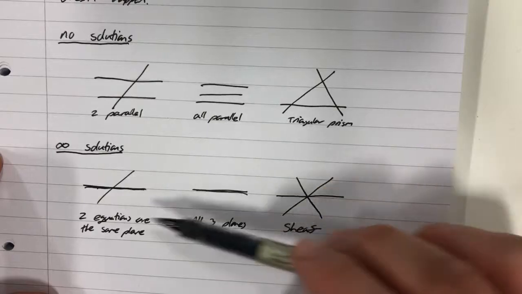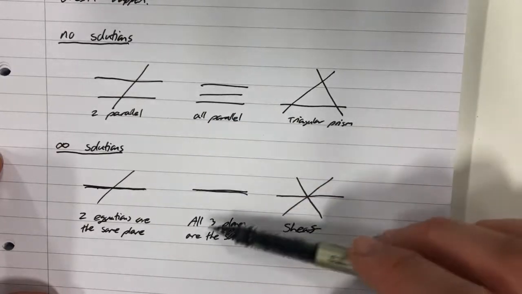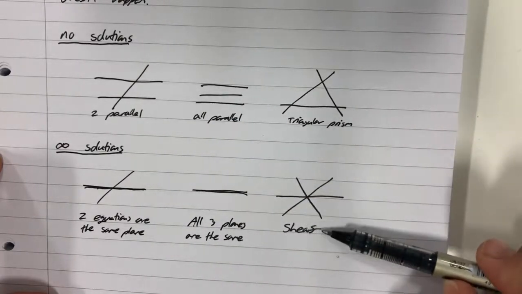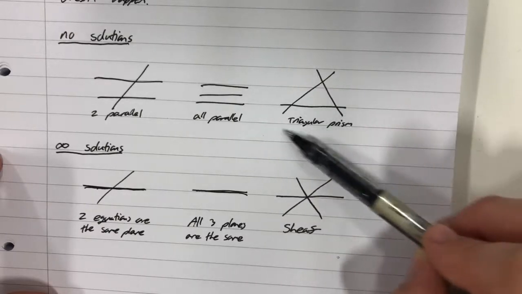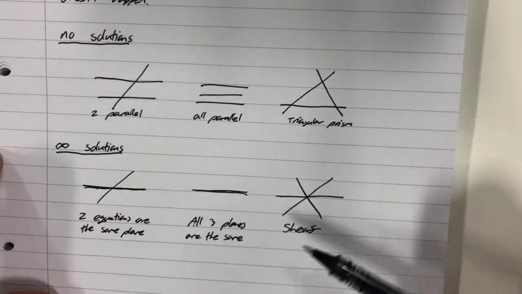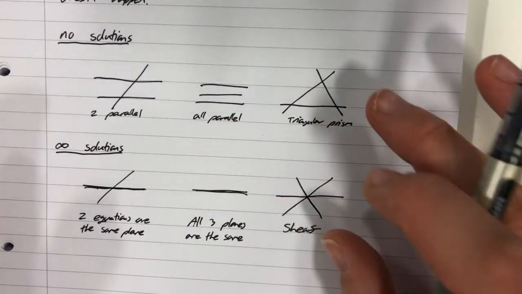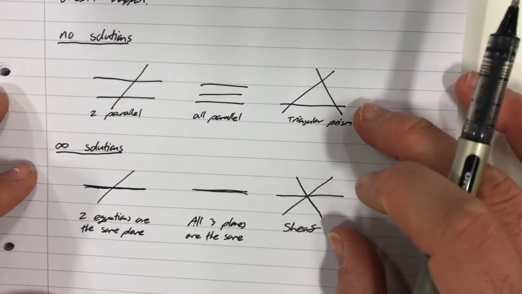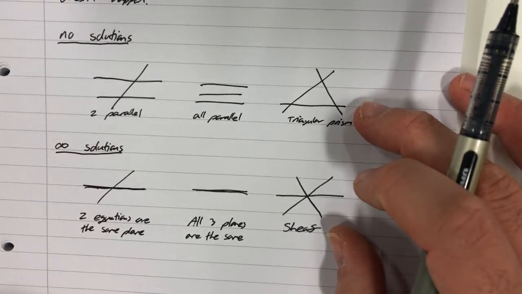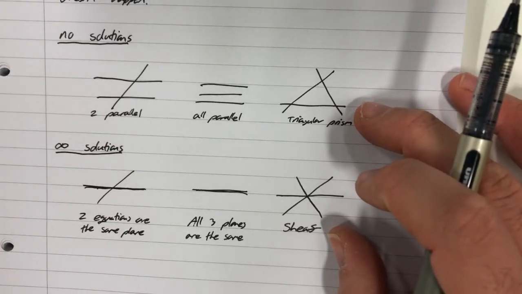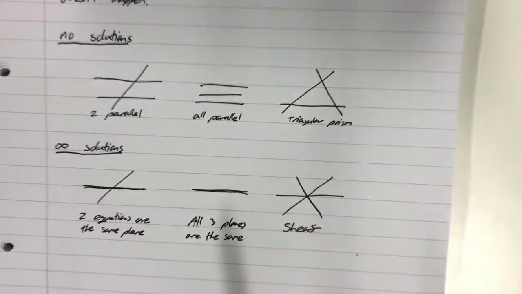So we tend not to look at these too much, but these 2 are of great interest because triangular prisms and sheafs, they're not obvious by looking at the equations, like these 4 are. So quite often questions will have this situation in them.